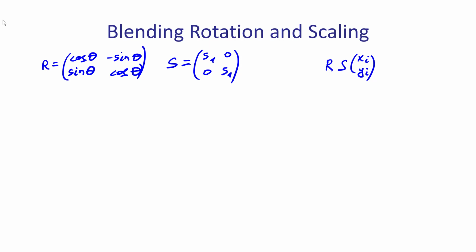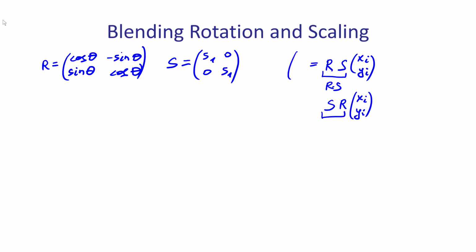So technically, the overall transform matrix will be RS, R multiplied by S. So it's just doing scaling and then rotation together. If you want to do rotation first, then this is what you need to do: first multiply every pixel by that matrix, and then only multiply by S. And this is the overall matrix that you get.